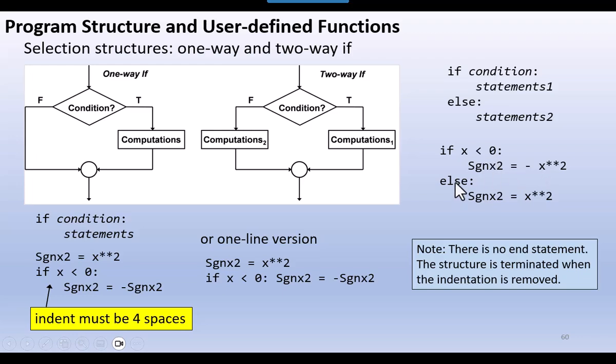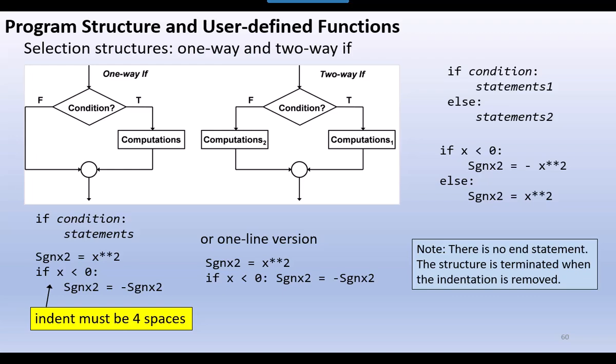Another word that might be used there to describe it would be otherwise, but you don't use that in the code. And then we make the calculation without the minus sign. And we note here that there is no end statement to these structures. The structure is terminated when the indentation is removed.